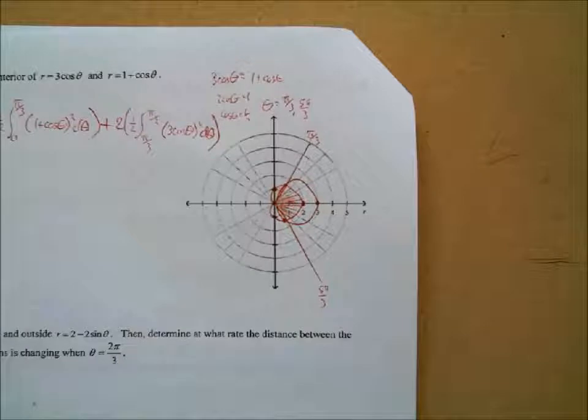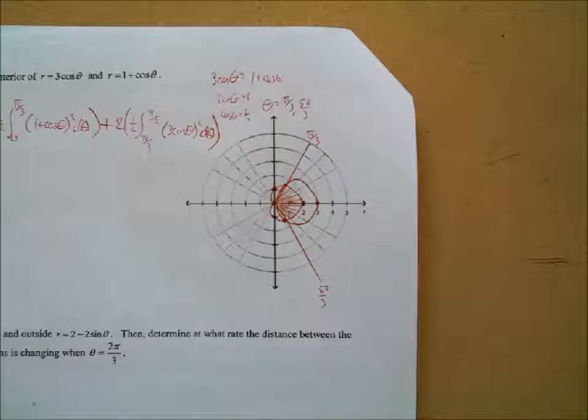I'm gonna just really quickly redraw this example here for letter B, just so you can see what's going on, okay? And so we had, what was it? It was 3 cosine theta, so 1, 2, 3. I don't know if that's gonna look okay.